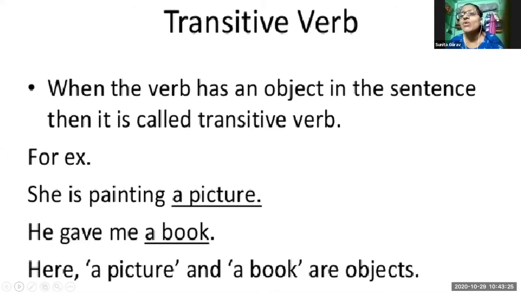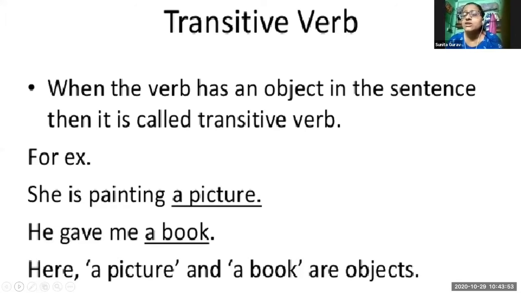But sometimes what happens, children, when we speak or when we write something, we are habituated to writing incomplete sentences. In those incomplete sentences, we do not use an object. We only use subject and verb.